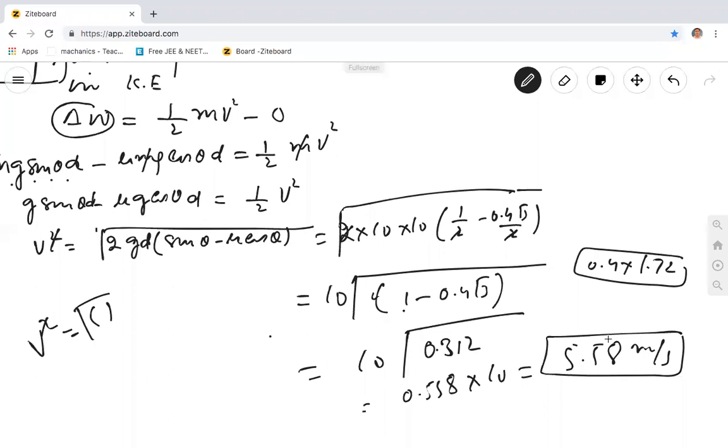Is our answer correct? Yes, I think it is. Maybe he wrote 5.6 after reducing it to the number of significant figures. 5.58 is as good as 5.6. What is a significant figure?